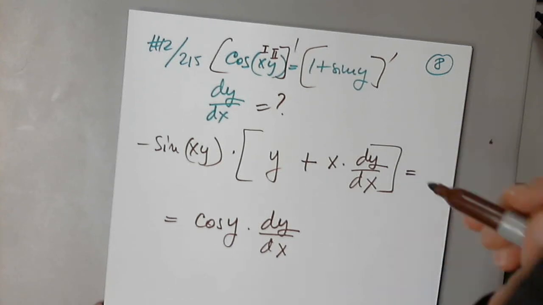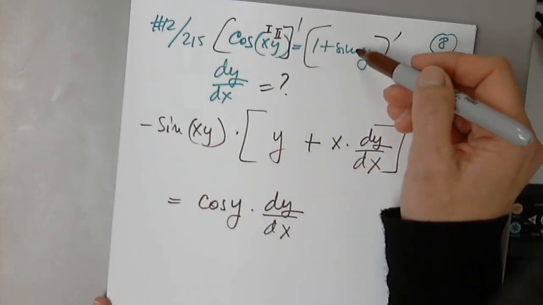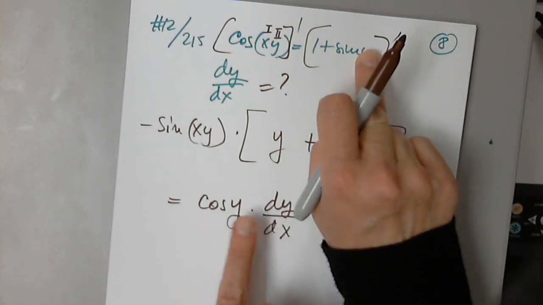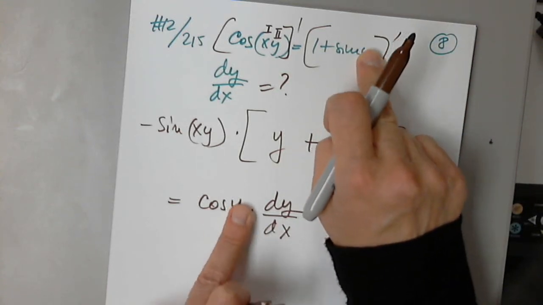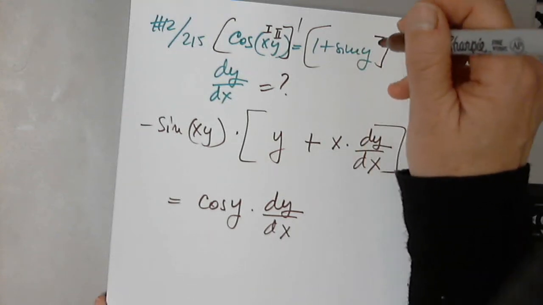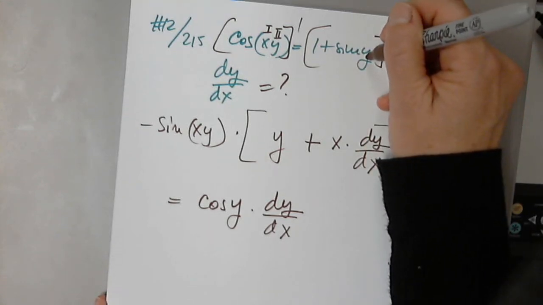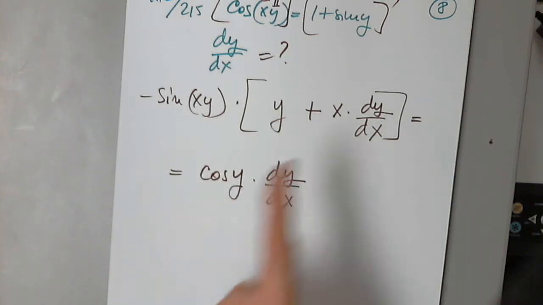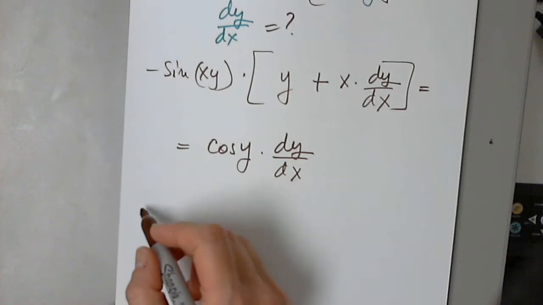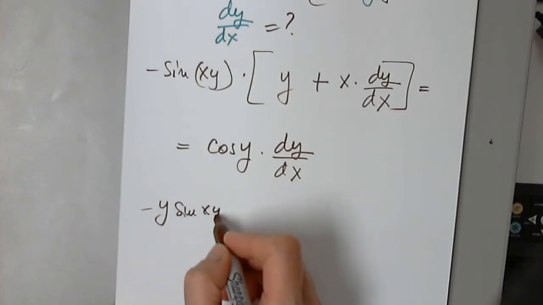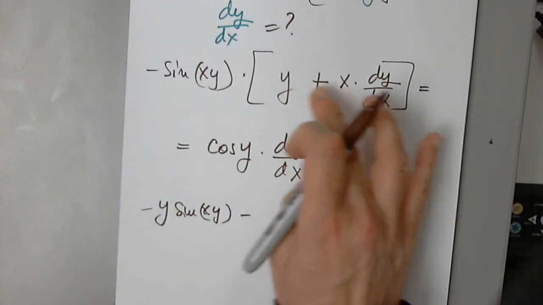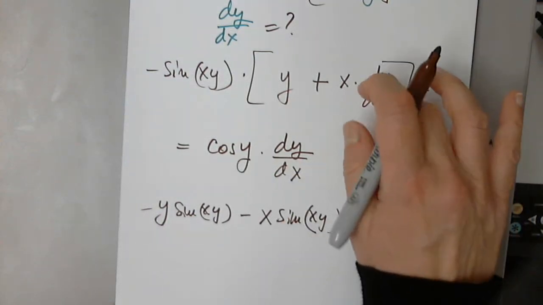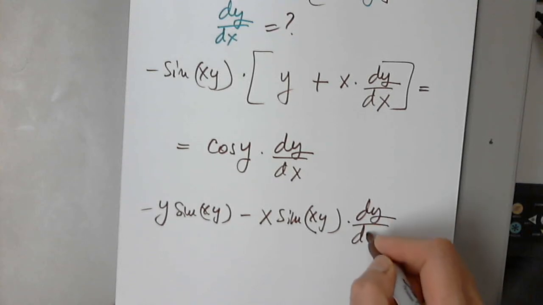Yes. So then I differentiate 1 and I get 0, and I differentiate sine of a function. If this were just a variable, I would have been done with cosine x. But I differentiate the outer function, I have to differentiate the inner function. Now I have to distribute this piece to these two terms. So I put y in front, negative y sine xy minus x sine xy times dy over dx.